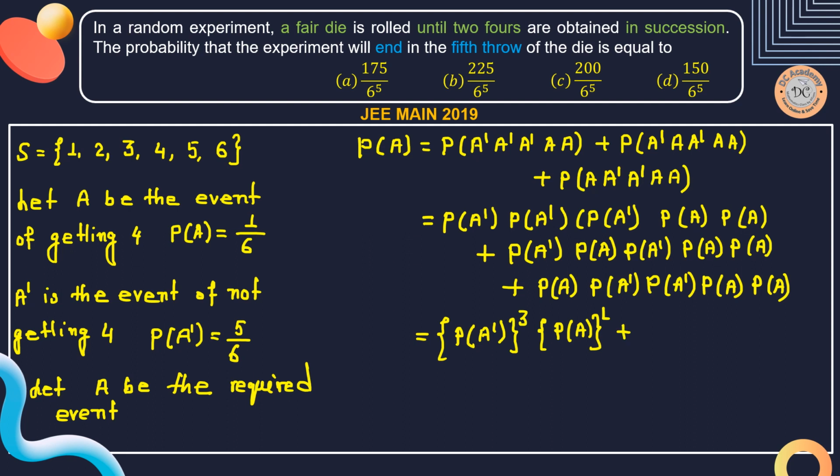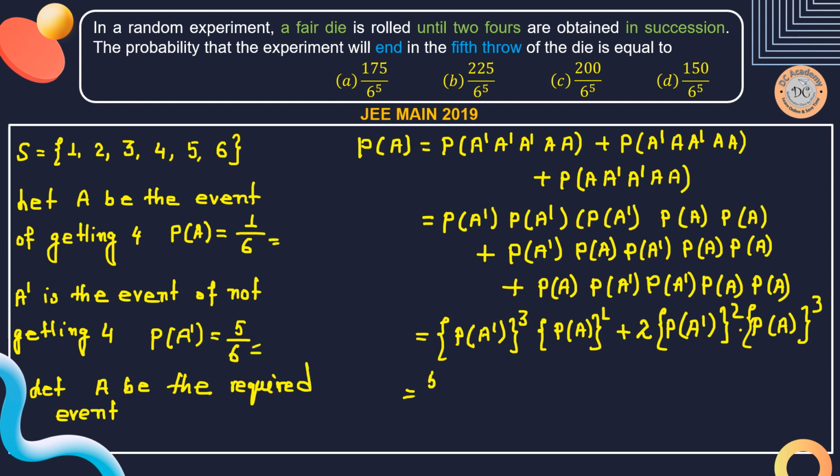And in the second case, observe that it is 2 A complement, 3 probability of A. So therefore, 2 times probability of A complement whole square multiplied by probability of A whole cube. Now observe carefully, these events we already obtained here, 1 by 6 and 5 by 6.